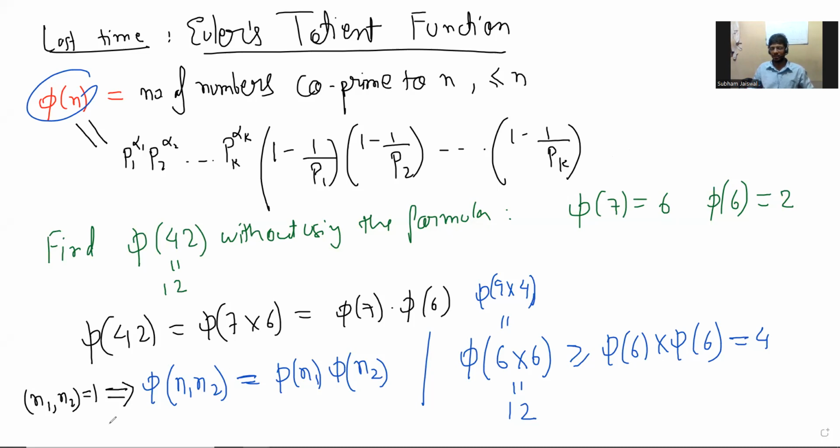It's not bad, right? Not bad. So why do you think it is failing? Just think for some time. Why is it failing when they are not coprime? Some factors are overlapping.